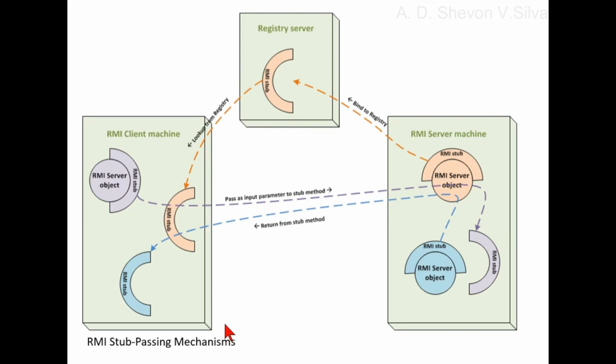More than one RMI client may use the same stub, technically different copies of the same stub from the RMI server machine. Stubs can be replicated by passing them around the network, creating multiple RMI clients all connected to the same RMI server.